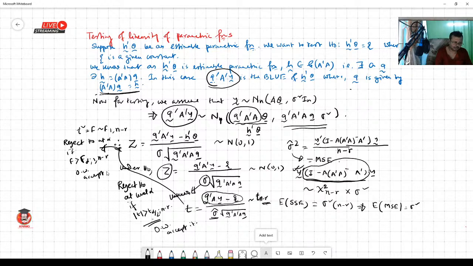So either you proceed using t distribution or using F distribution, and the rejection regions are as follows. This is case 1.